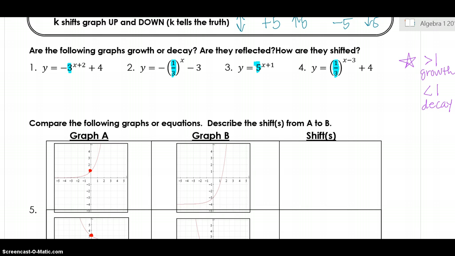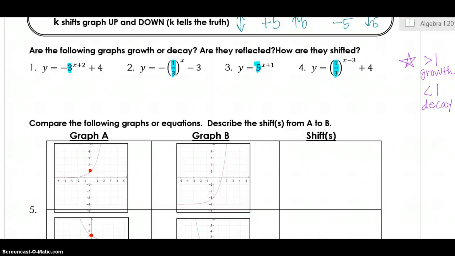Which makes sense because if we take 2 and we raise it to a power, we're going to get larger. 2 times 2 times 2 times 2 times 2 is going to get larger. But if you multiply something that is smaller than 1, like a half, times itself over and over and over, a half times a half is a fourth, times a half is an eighth, times a half is a 16th. It gets smaller and smaller and smaller. Okay? So, we are going to look at the base of the exponent to determine if it's growth or decay.